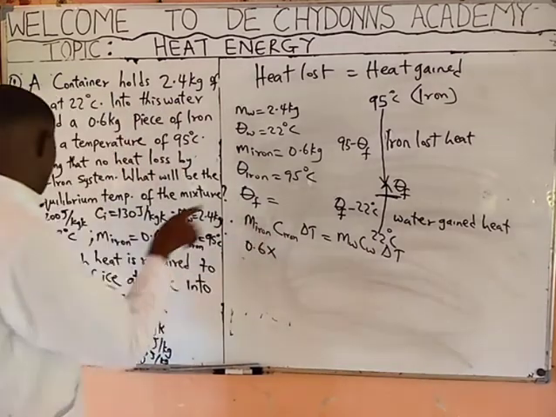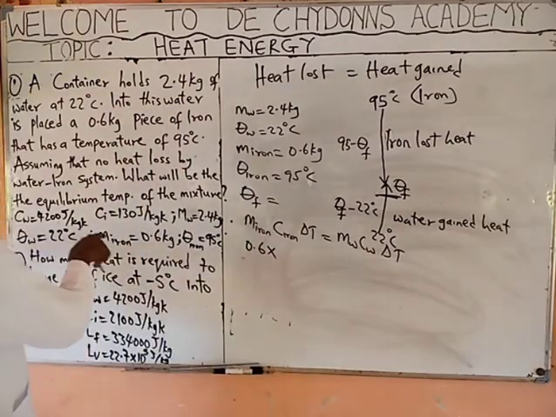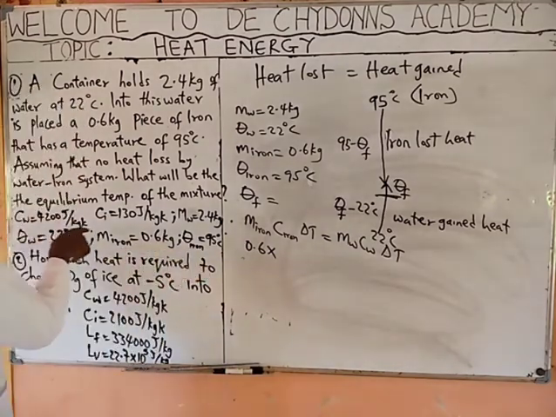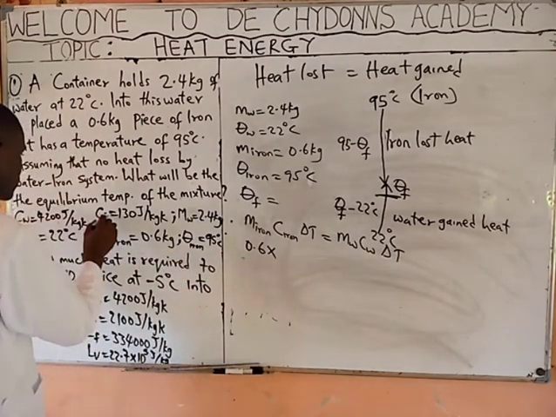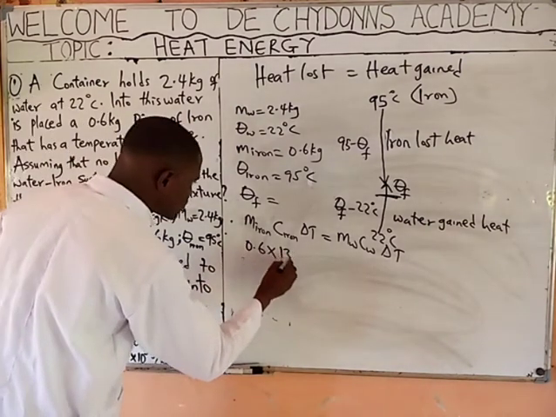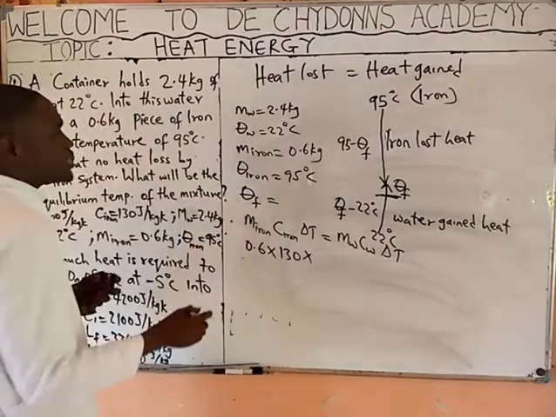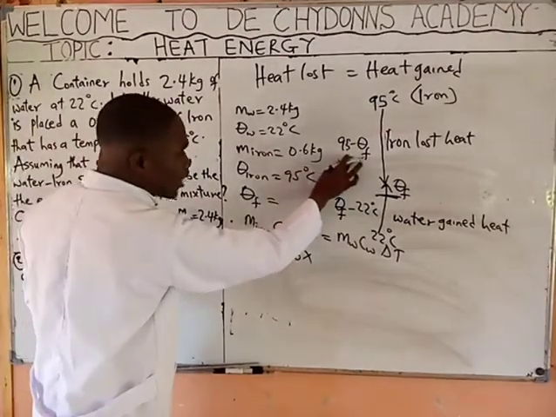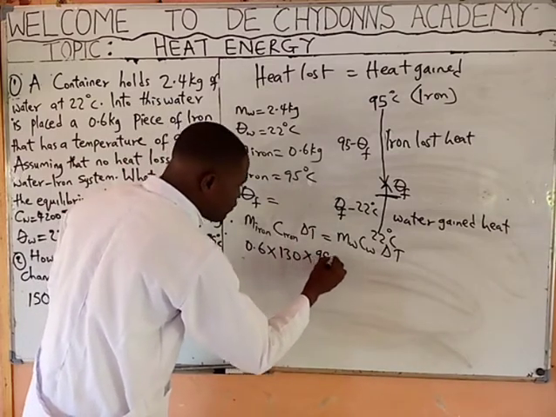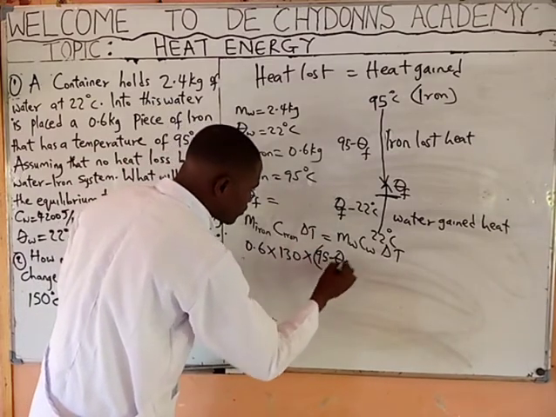C of iron, from the question they say C of iron is 130. Then change in temperature for that one that is losing heat is 95 minus theta F.